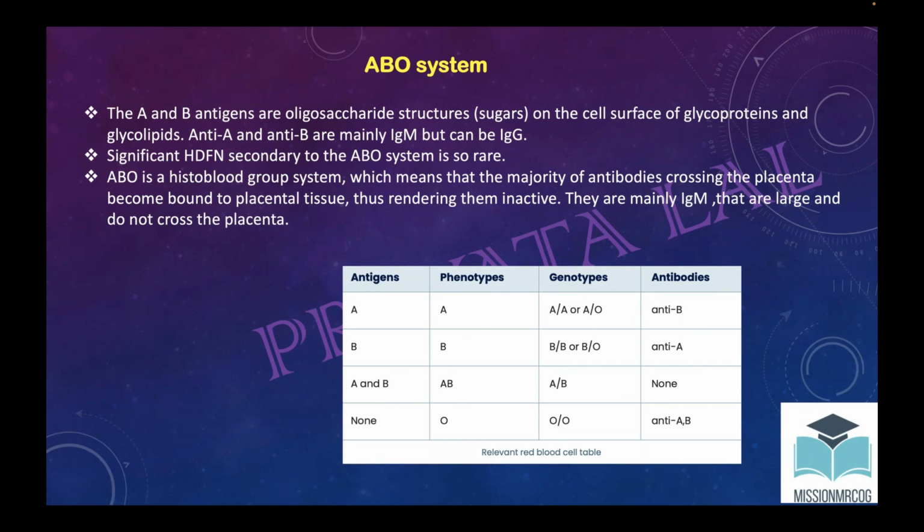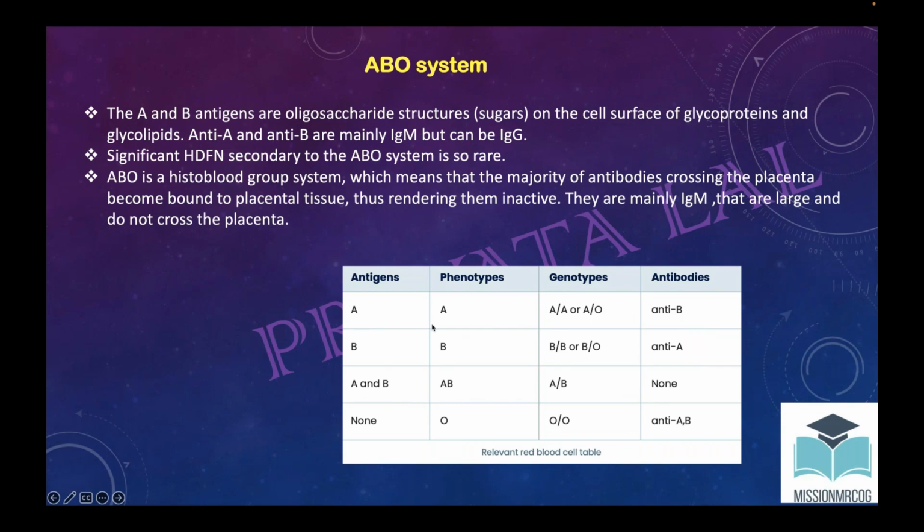Okay, it usually happens when the mother's group is O negative. If the mother is O negative, the mother will have both kinds of antibodies. And if the baby is either A, B or AB, then some mild antigen-antibody reaction can happen even in the ABO system. This part, how the blood groups are formed, I'm not reading it because that is not necessary for us at this stage. We know this.